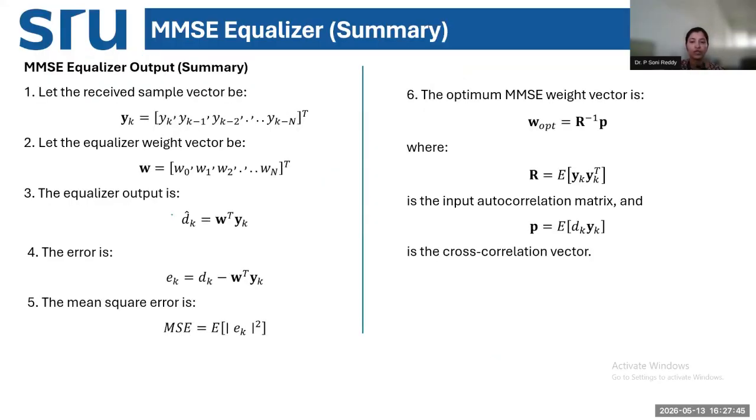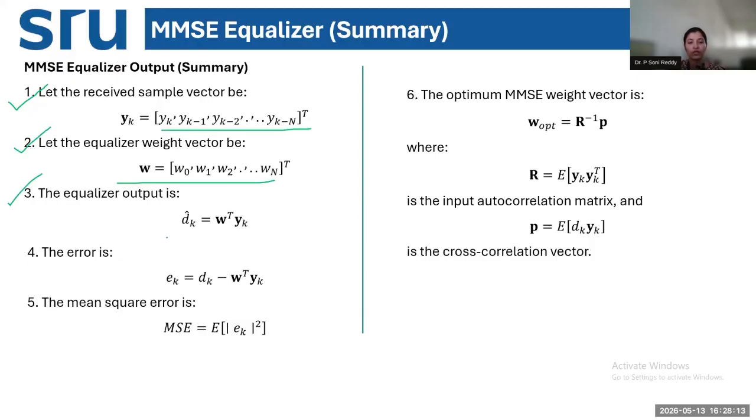Okay. So if I simply summarize, the steps are given here in 6 steps actually. First is to get the samples of the received signal or symbols, all the symbols that are there in the transmission. So whatever is received at the receiver side, get the combination of all the received signals. Then we have to calculate the weight, that means the multiplication factor at the equalizer side.